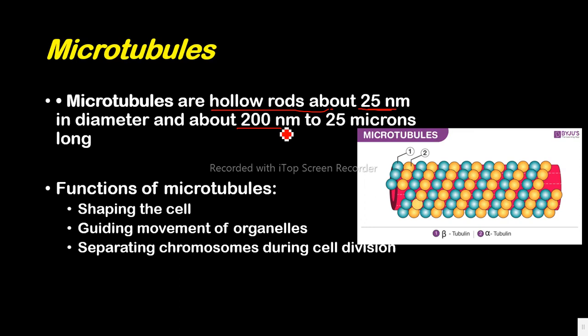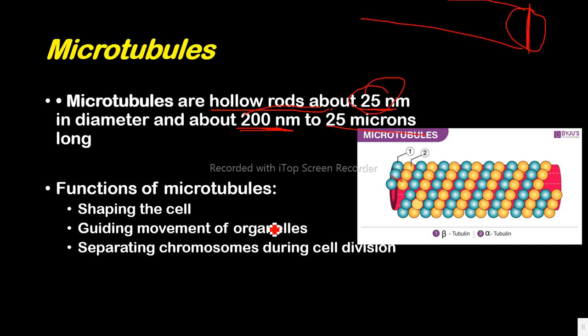So let's talk about the microtubules, the tubes. So these are hollow rods of about 25 nanometers in diameter. From here to here. The diameter, if this is a tube, if this is a hole, the diameter is this. Okay, and it goes like this. So that's the diameter. So for them, they have about 25 nanometers of diameter. And they are about 200 nanometers to 25 microns long, their length.